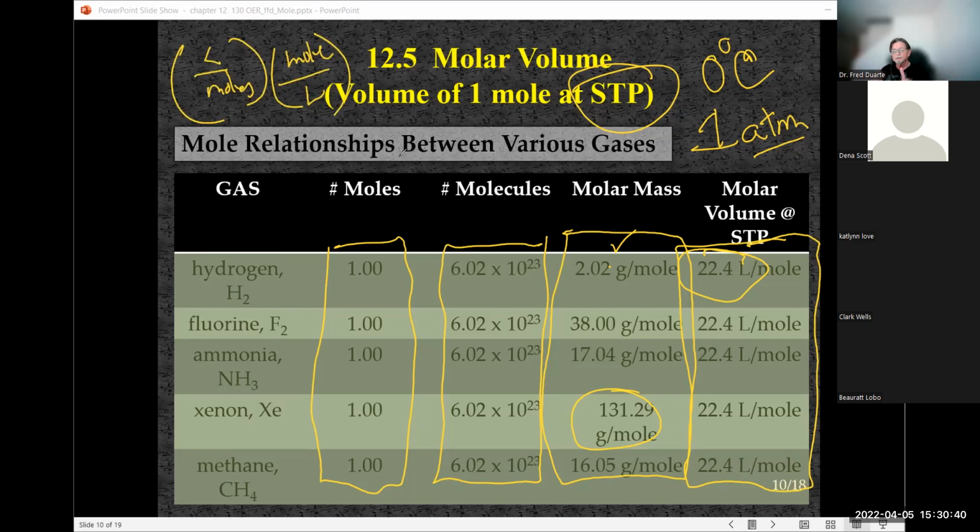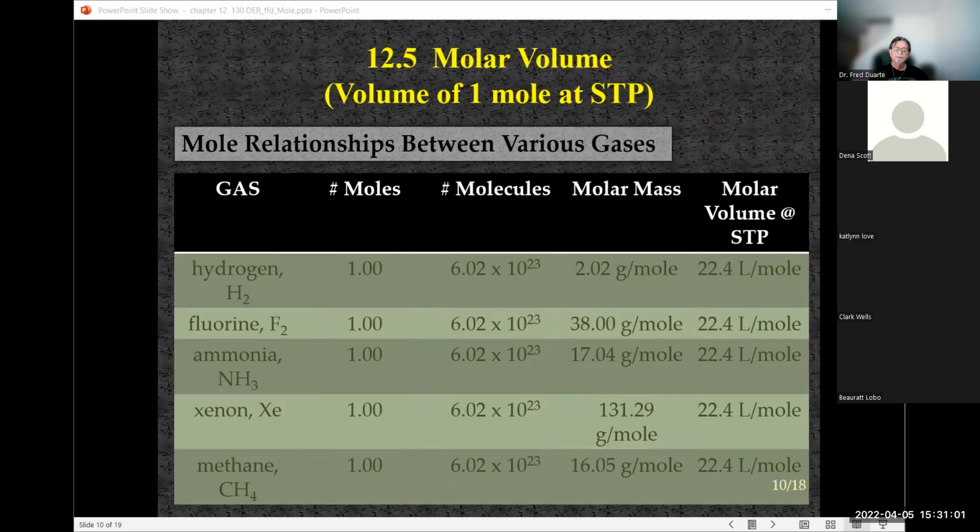I know the moles. And if I know the moles, guess what? I can calculate either the grams of that gas or actually calculate using Avogadro's number how many molecules of gas I had, okay? All right, well, let's run through some examples.